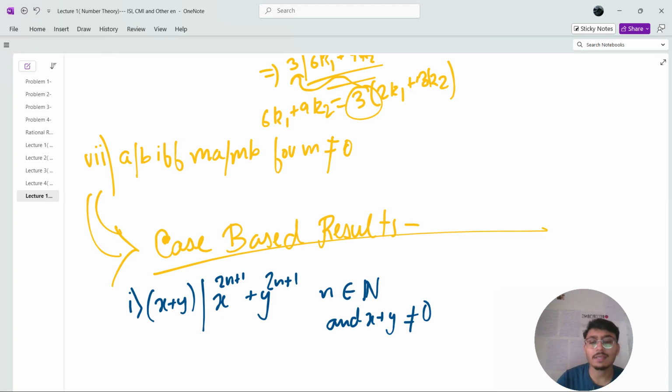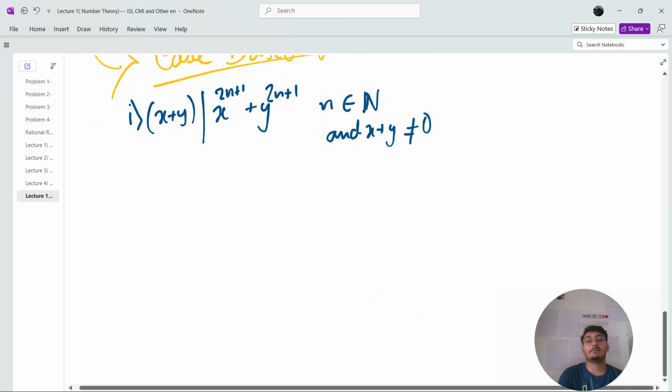So basically if the powers of x and y are individually odd, then only x to the power of that odd power plus y to the power of that odd power will be divisible by x plus y. That's what this case-based result says.